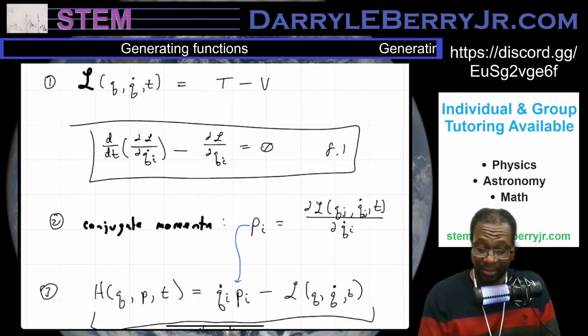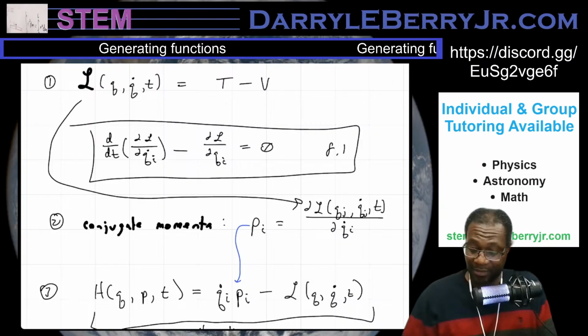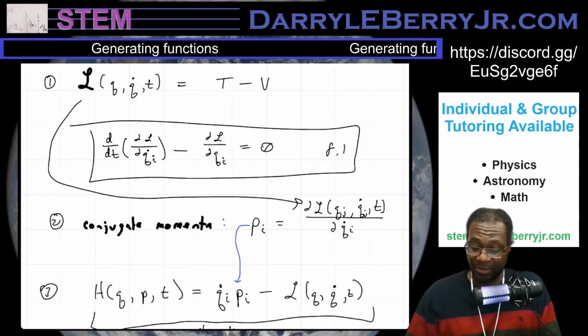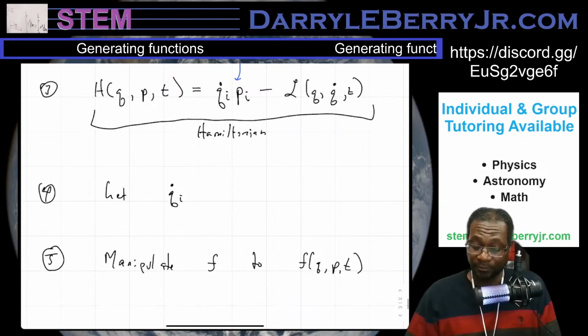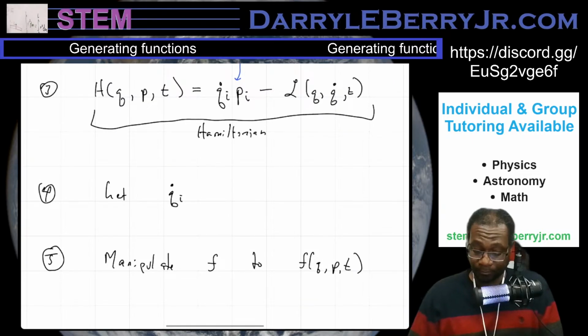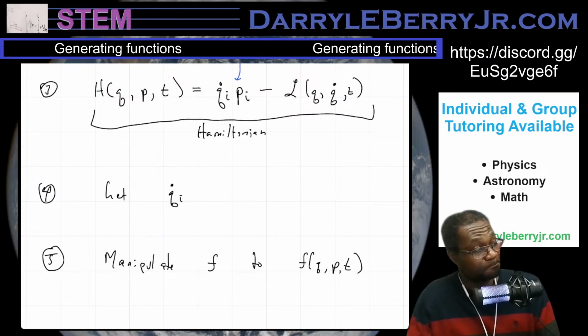So basically we can skip that formula and start using the Lagrangian inside the conjugate momenta equation. Formulate the Hamiltonian, get Q dot, and then manipulate to get an F, Q, and P.